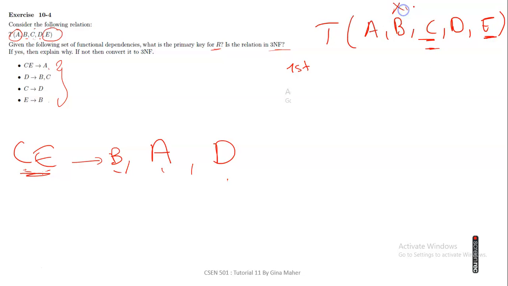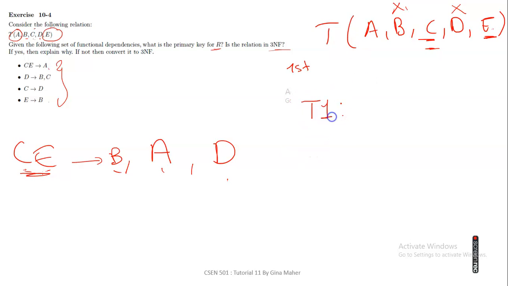B is dependent on E alone, and D can be deduced from C. So these are partially dependent on CE because B is fully dependent on E, and D is fully dependent on C. In order to make it second normal form, we should decompose it.